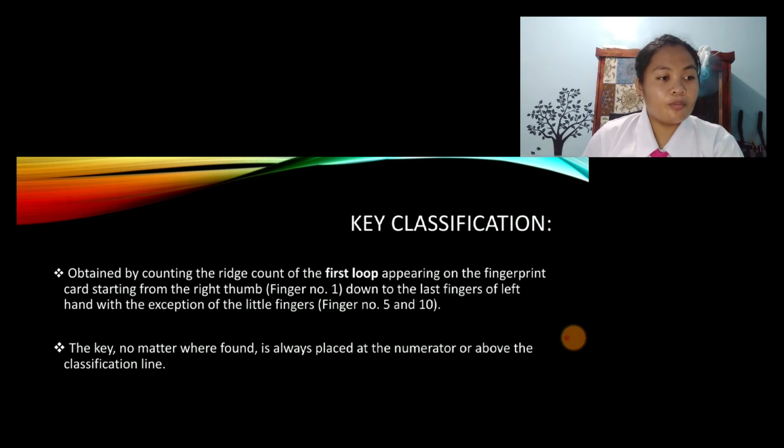The key, no matter where found, is always placed at the numerator or above the classification line. So the key classification is always placed at the numerator or the upper side of the classification line.